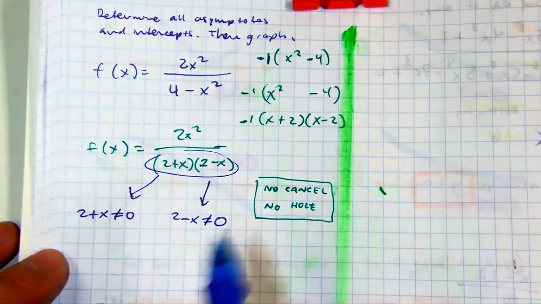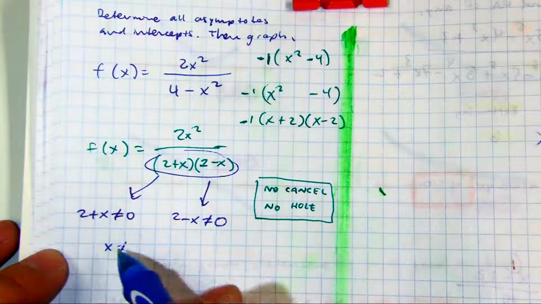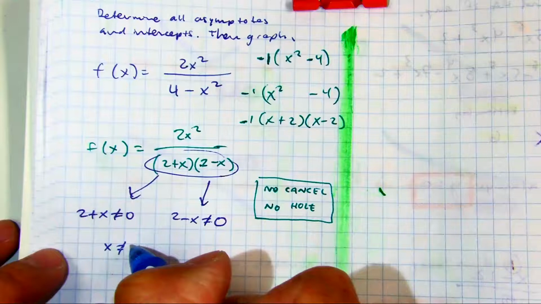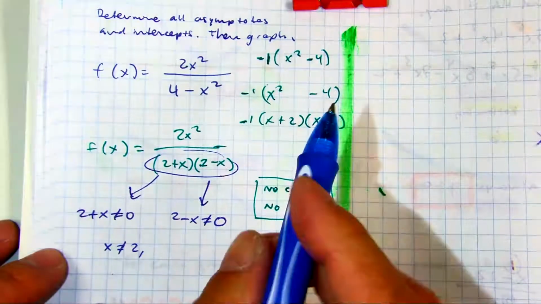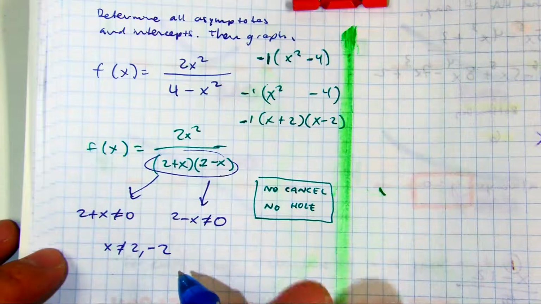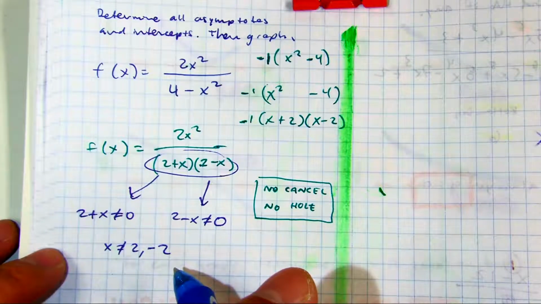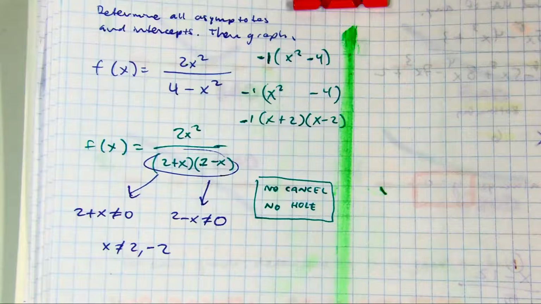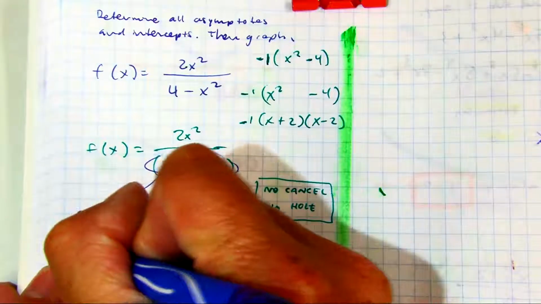And then when you solve for this, what do you get? 2 and negative 2. Cindy, what did you find here? Did you find an intercept or an asymptote? Vertical or horizontal? Vertical asymptote. Raise your hand if you got that.